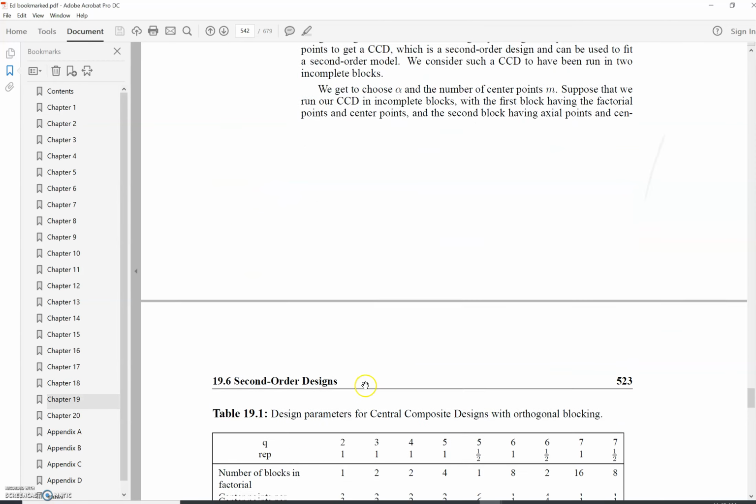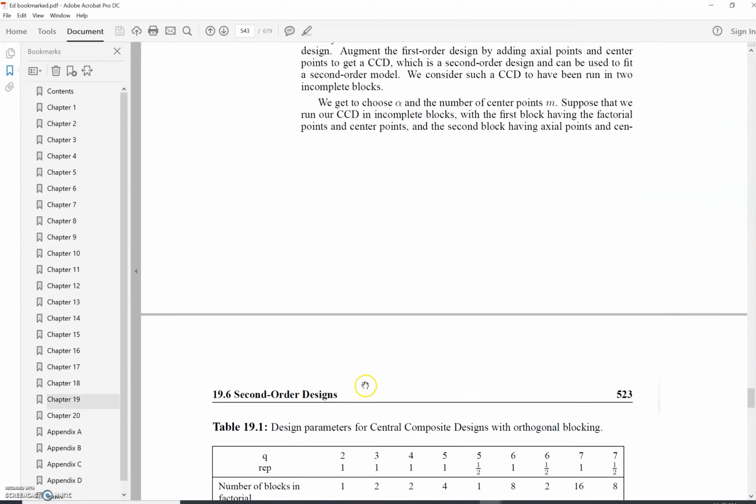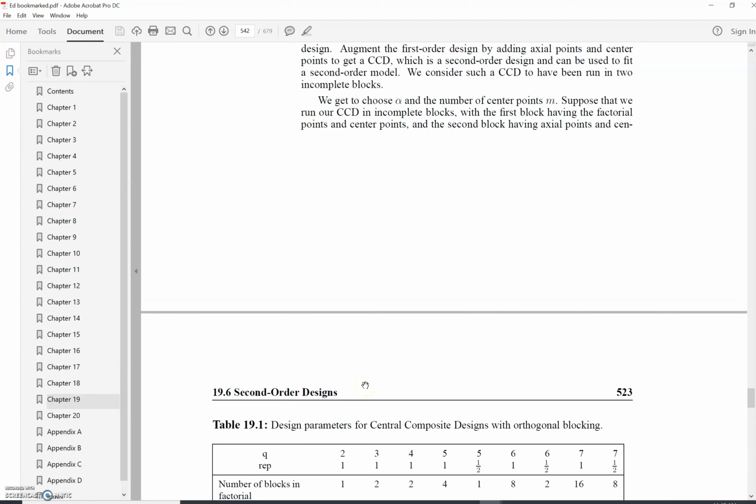So we can choose our points for alpha and then the number of those center points m. Remember, for our cake baking example, we have m equal 3.